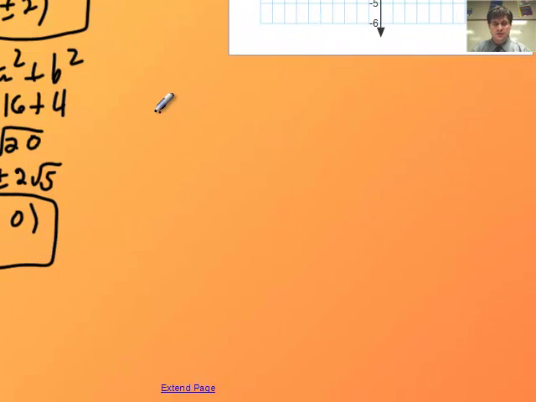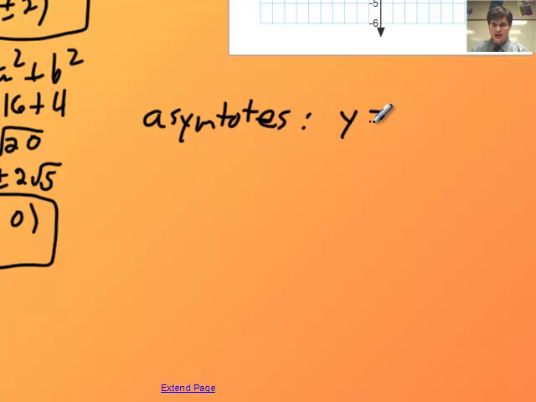The next thing I need to find are the asymptotes. And because this is a horizontal one, it's going to be y is equal to plus or minus b over a x, where b over a is going to give us our slopes, one positive, one negative.